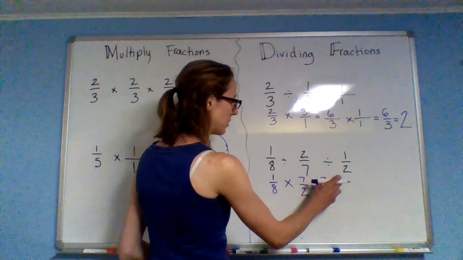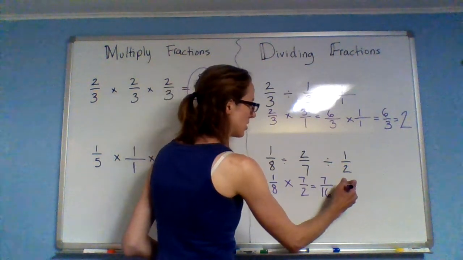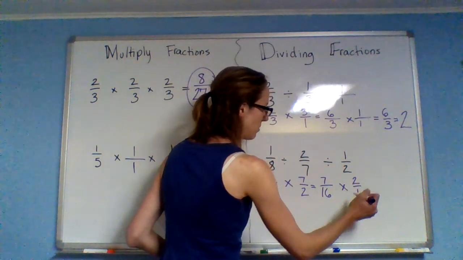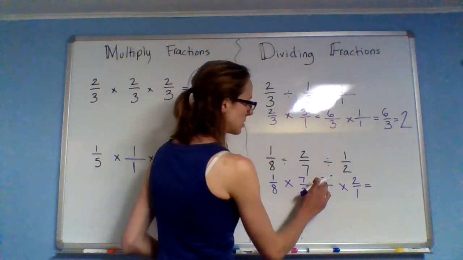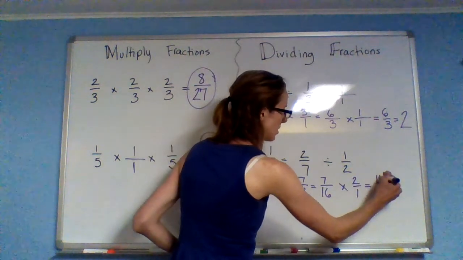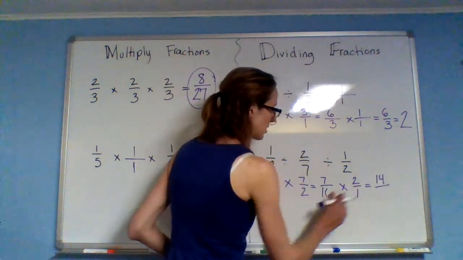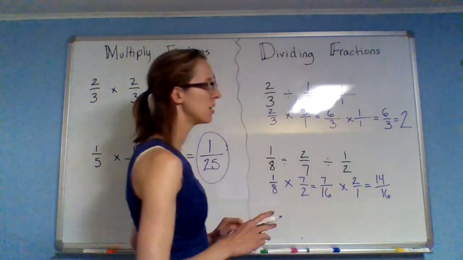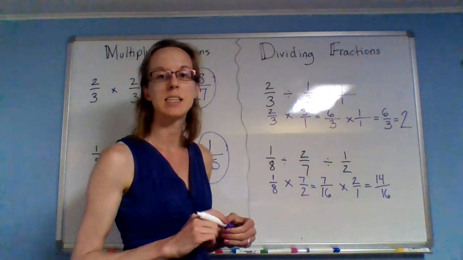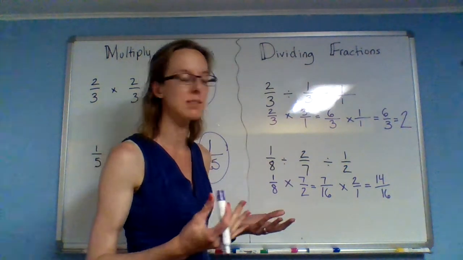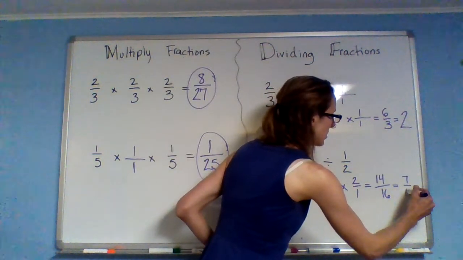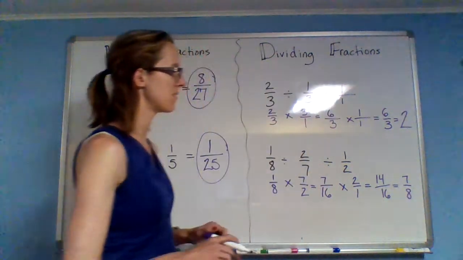So I'm going to keep, change, flip. 2 over 1. 7 times 2 is 14. 8 times 2 is 16. Both 14 and 16 are even, so I know they're divisible by 2, which gets me to my answer of 7/8.